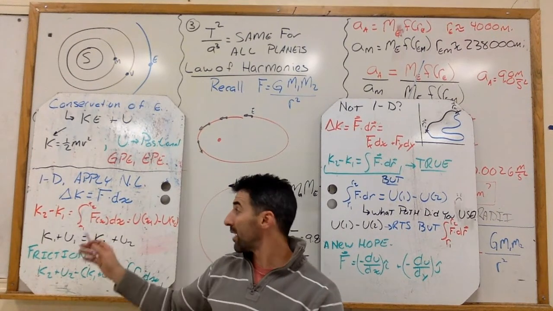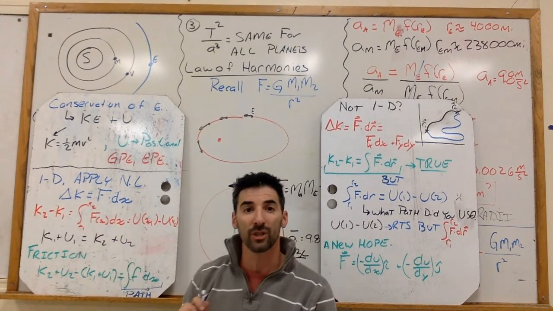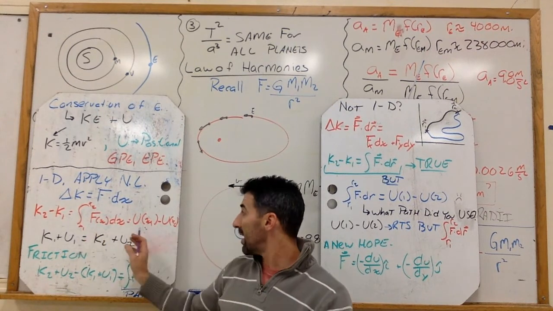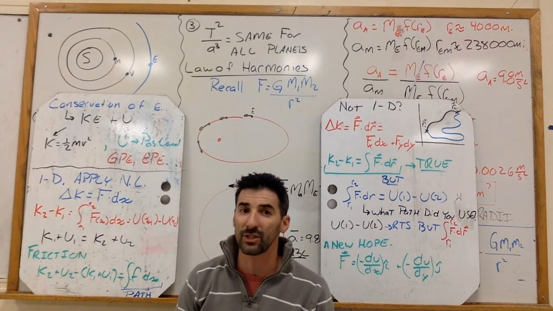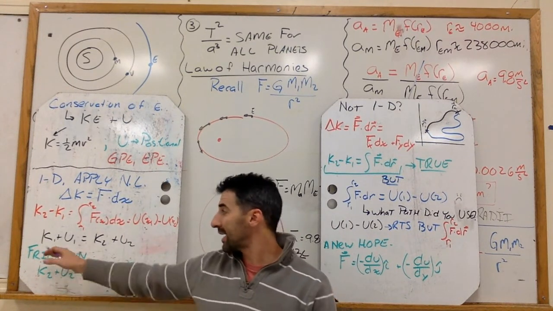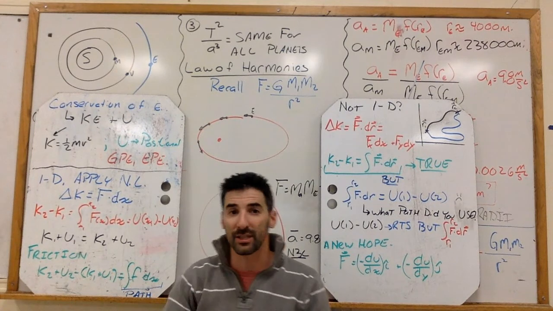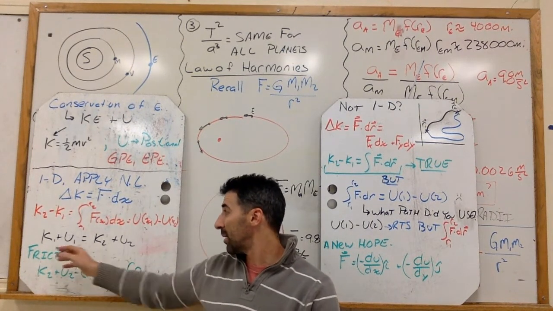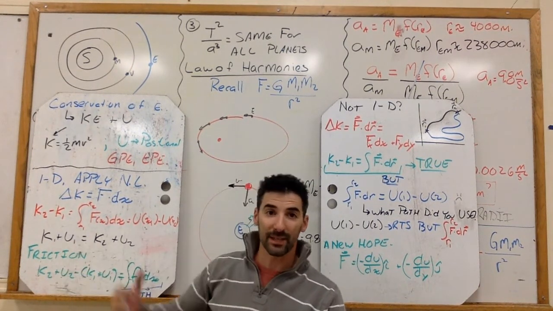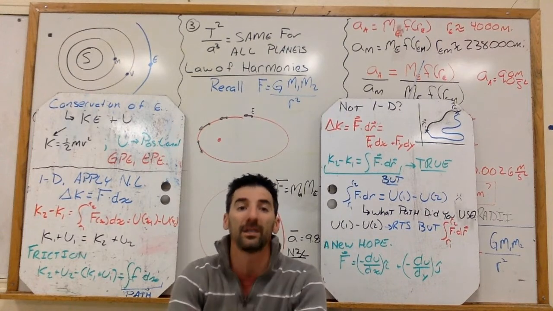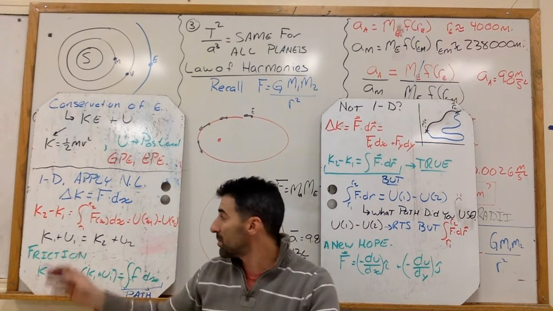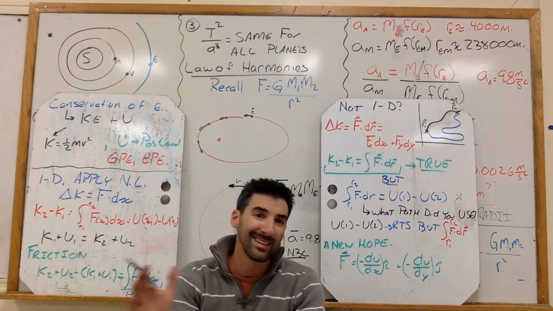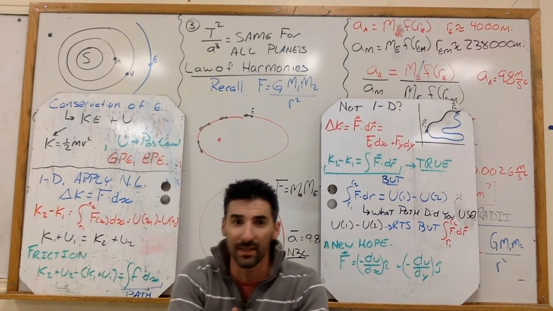I also know that if I do some work, I can change an amount of potential energy. So I have my potential energy at x1 minus my potential energy at x2. Rearrange that, I get my nice conservation of energy: kinetic energy before, K1 plus U1, is equal to kinetic energy after, K2 plus U2. And as long as I have no friction in an ideal system, that holds true. Friction isn't that big of a deal for us to deal with.